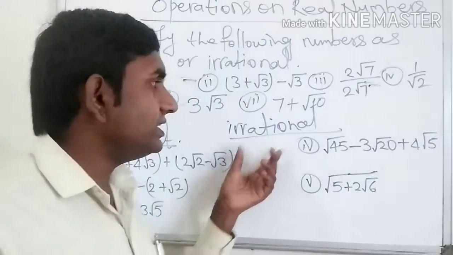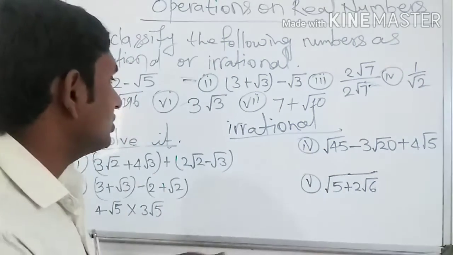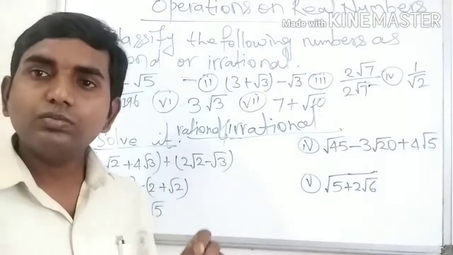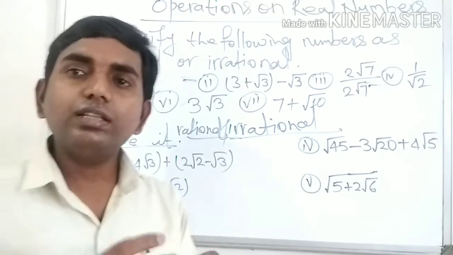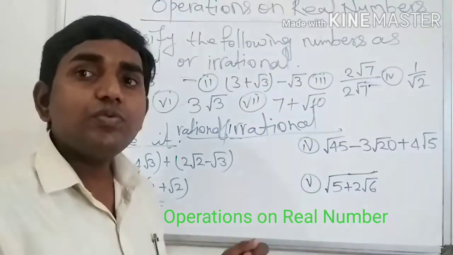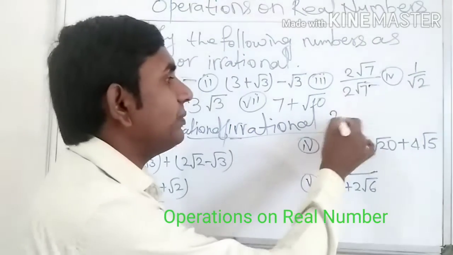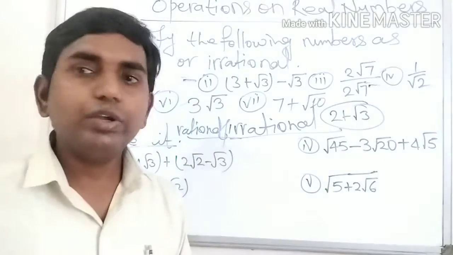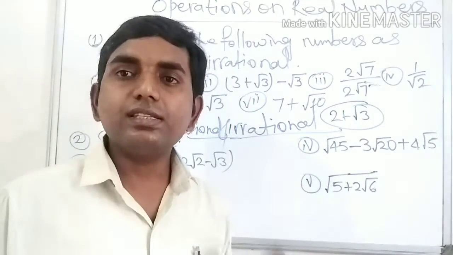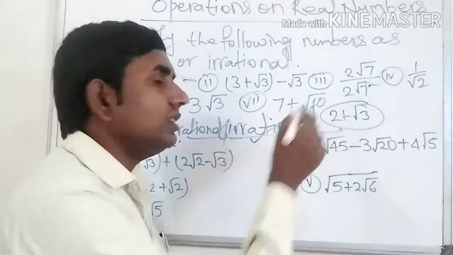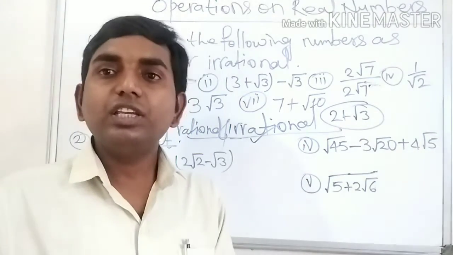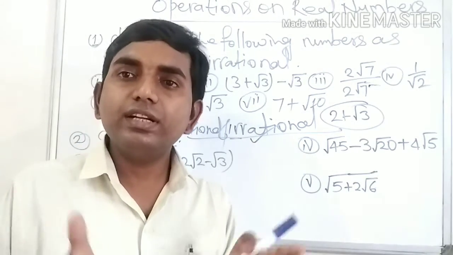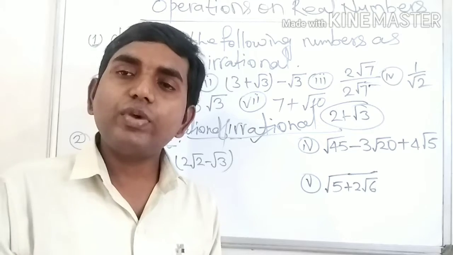But in the case of one rational and one irrational number, suppose we want to find their sum. Suppose we have 2, a rational number, and under root 3, an irrational number. Then the result is always an irrational number. In the same way, if we find their difference, the result is always irrational. In the case of multiplication, the product of a rational number and an irrational number is always irrational.